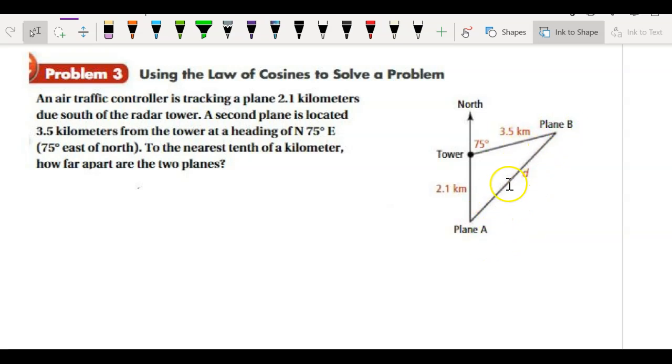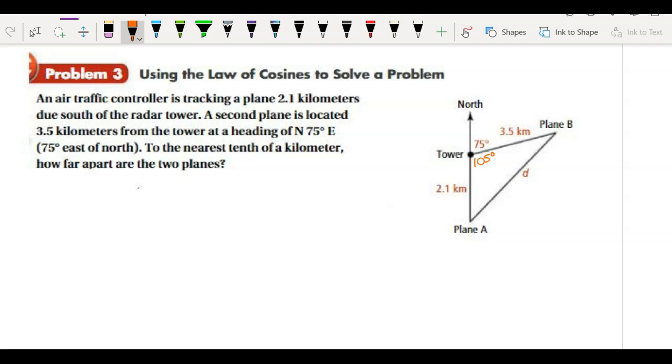So if we're looking for D, what angle value do we need? Well, I need this angle value right here. How can I find that value? Oh, this is a line. So these two angles form a linear pair. What's the sum of a linear pair? 180 degrees. So what is 180 minus 75? That's going to give me 105 degrees.